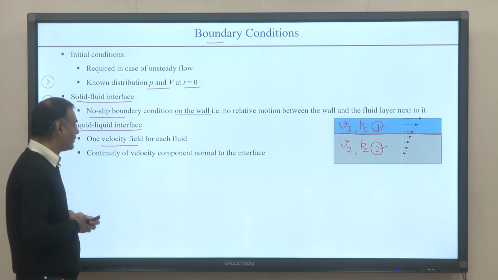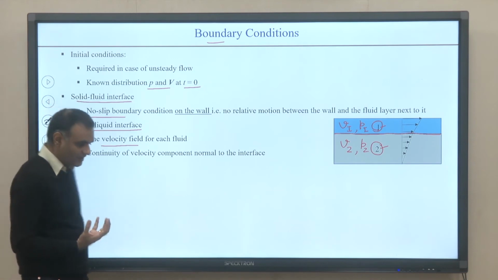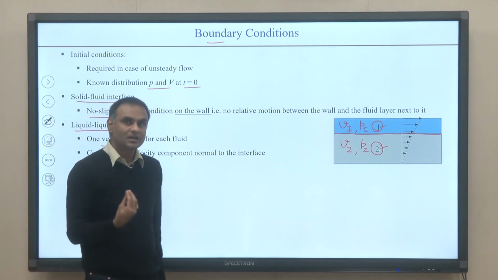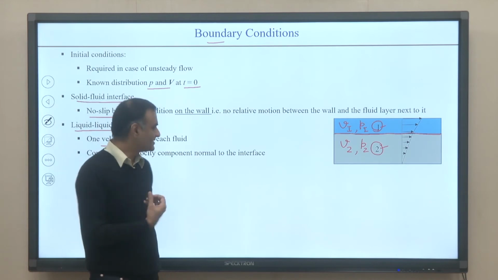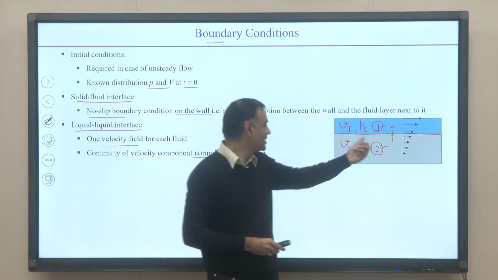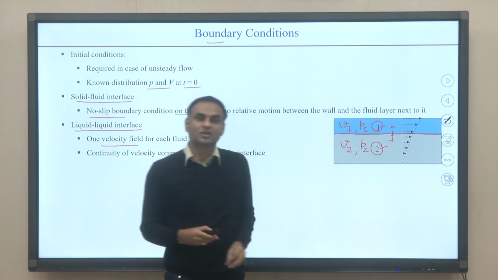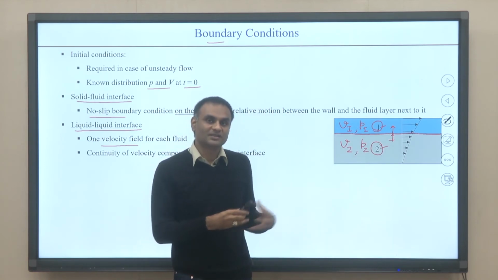So, we will have one velocity field and one pressure field for each fluid, and at the fluid boundary we have the kinematic boundary condition. That is the continuity of the velocity component normal to the interface. The velocity of fluid 1 normal to the interface will be equal to the velocity normal to the interface in fluid 2.